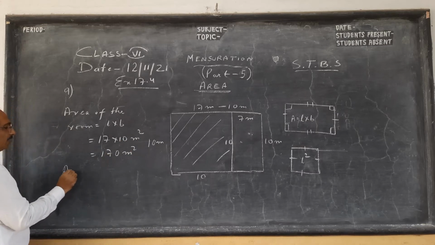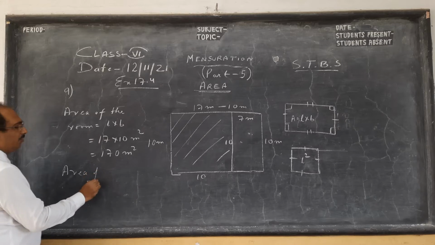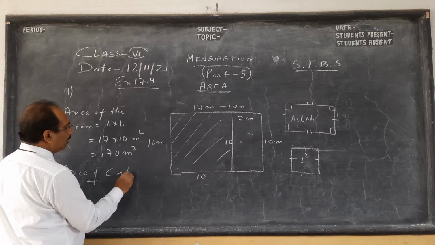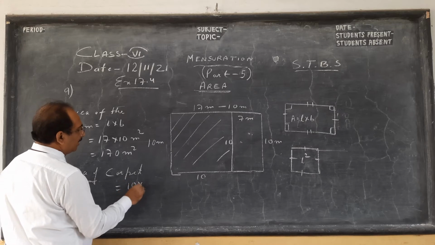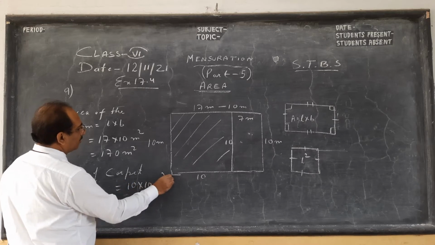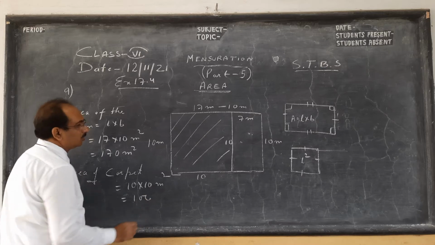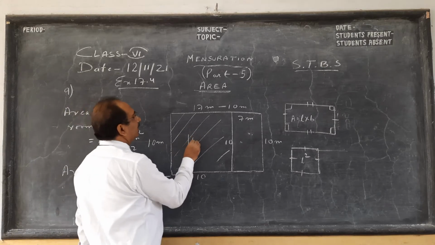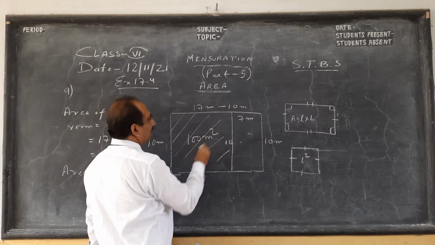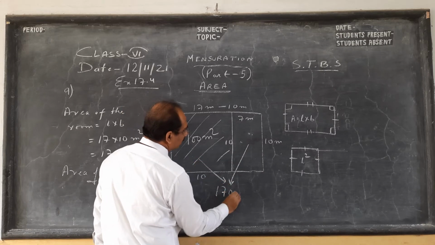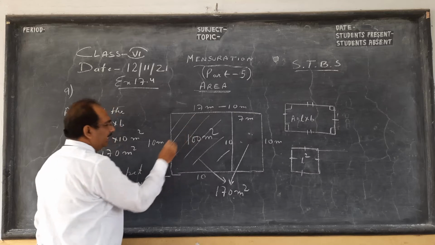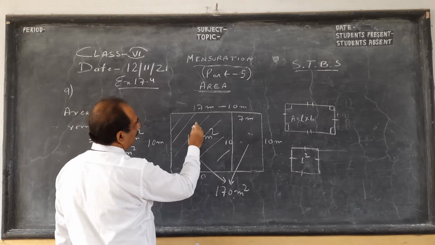Now area of carpet, it's a square, is 10 into 10 meter square. So this is 100 meter square and this full area together, children, is 170 meter square.